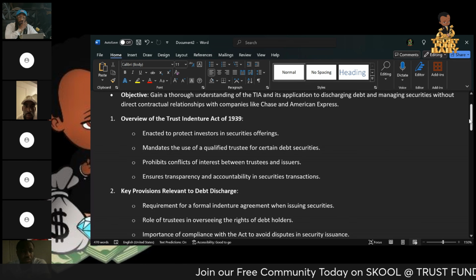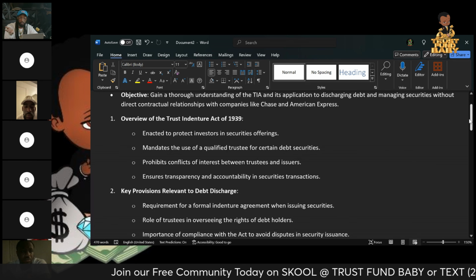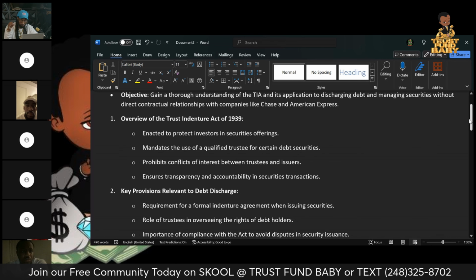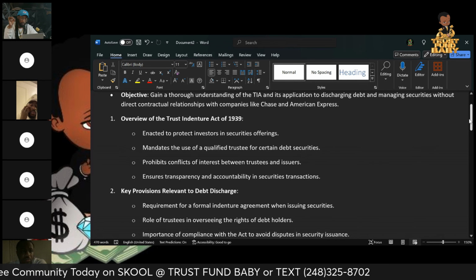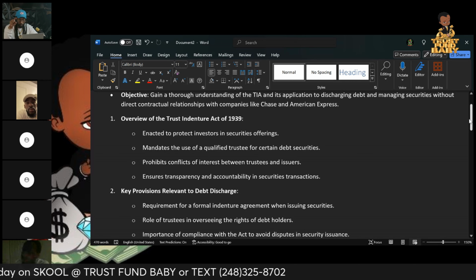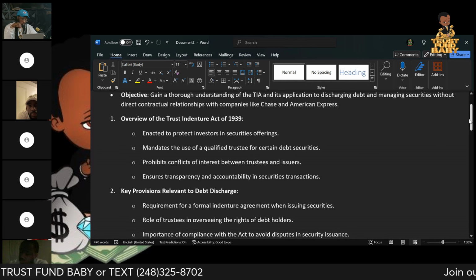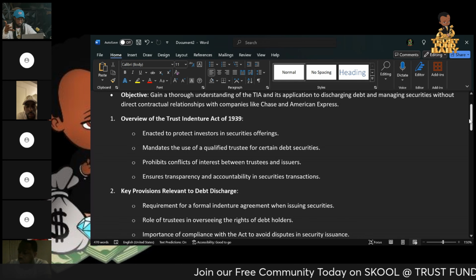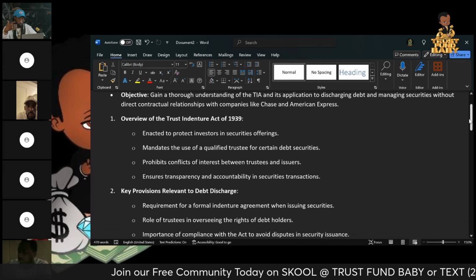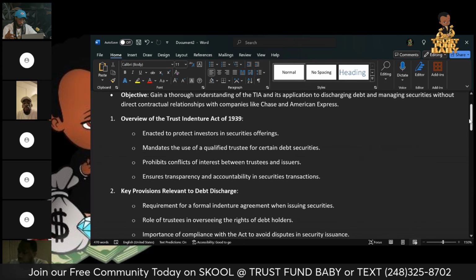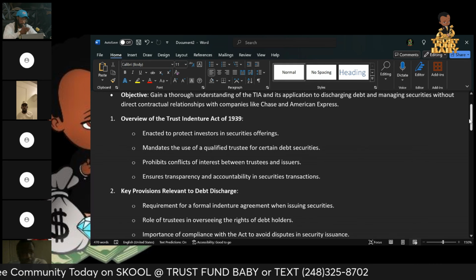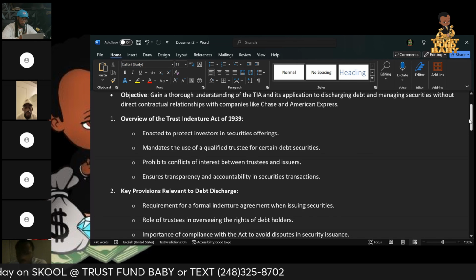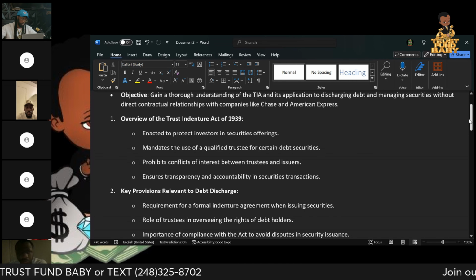You just have to take your time to read through it. On SEC.gov, if you type in 10K for whatever company name you're looking for, or if you type in trust indenture for whatever company you're looking for on Google, you'll be able to find who is the responsible party for handling their securities. You can't, like I said, Chase Bank, JP Morgan, they don't handle securities there. A whole nother entity does.